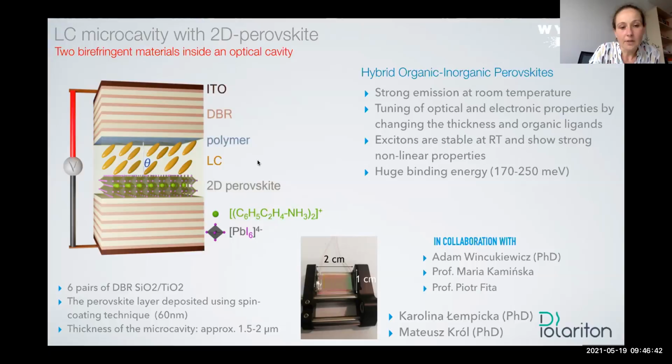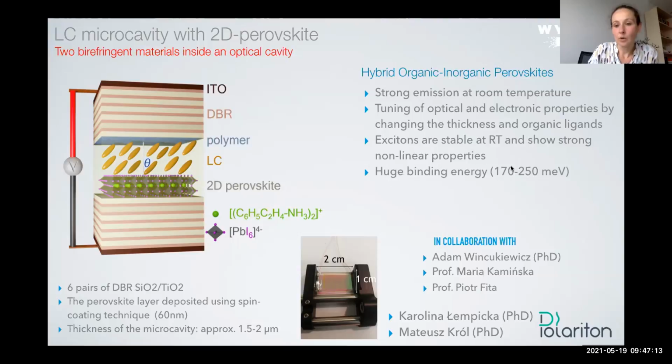Our first approach was to take some emitters, and the choice was a two-dimensional hybrid organic-inorganic perovskite, because they show strong emission at room temperature, of course, because the whole system works at room temperature. The liquid crystal operation is mostly determined at room temperature, so we needed a strong emitter at room temperature with an energy that would match our design of the cavity.